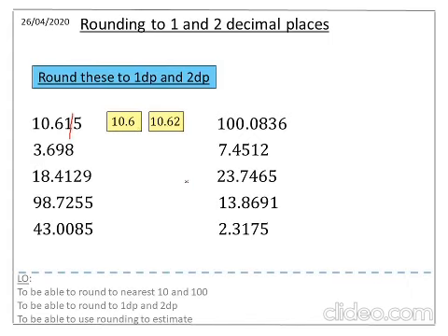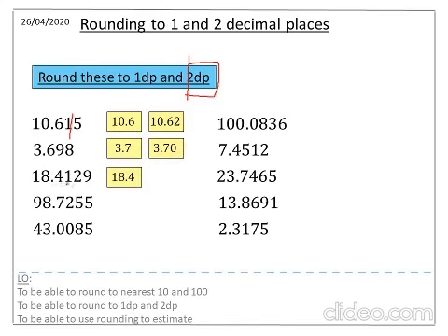Next one, 3.7 becomes 3.70. Although normally in maths we won't write the zero, when it's mentioned to round to two decimal places, we still want to see two decimal places there. Even if it's a zero, you just put it there.